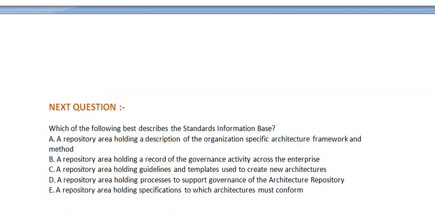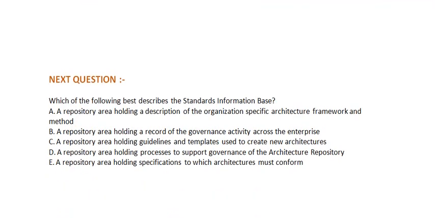Next question is: which of the following best describes the standards information base? Option A, a repository area holding a description of the organization specific architecture, framework and method. Option B, a repository area holding a record of the governance activity across the enterprise.